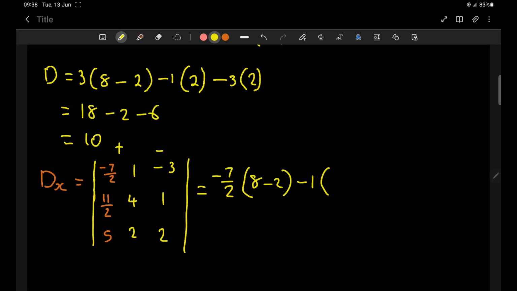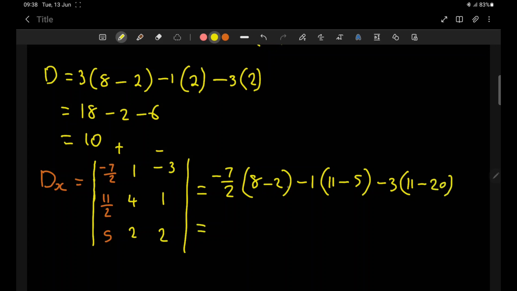Then we hold this column and this row: 11 over 2 by 2 is just 11, minus 5 times 1, just 5. Then we have negative 3, so we hold this column and this row. That means 11 over 2 by 2 is just 11, minus 5 by 4, which is 20.